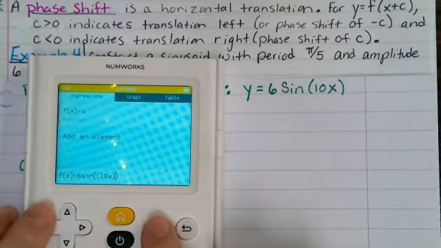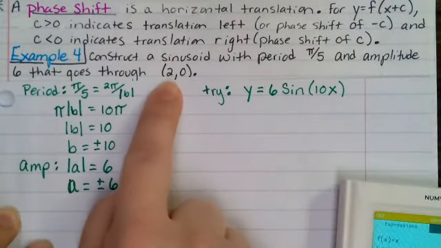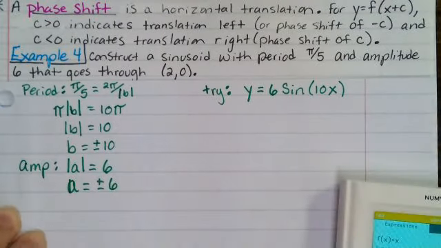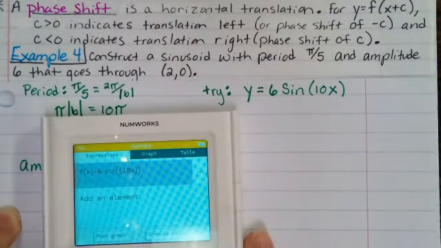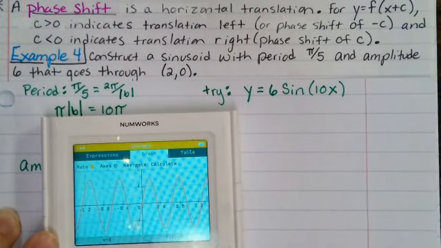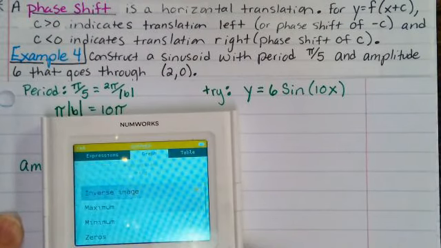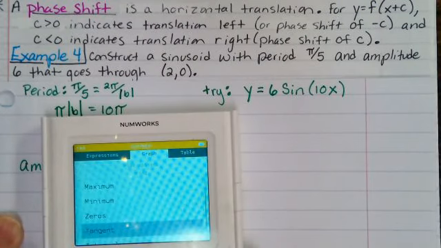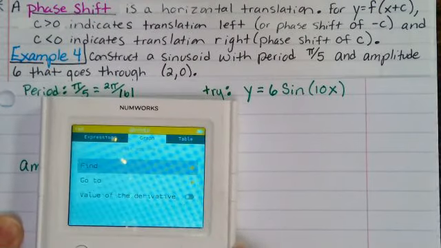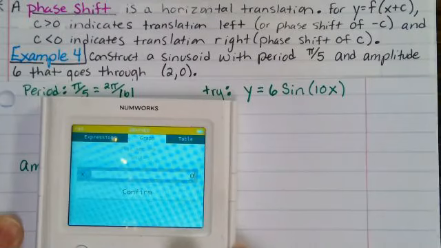Let's see what this looks like, because really the only other parameter I need is for it to go through the point (2, 0). We've got to see if this is going to work. So I'm going to look at my graph and see, does this go through the point (2, 0)? I can go to calculate, find... let's see, no, that's not it. Go to, and let's see what happens when x is 2.